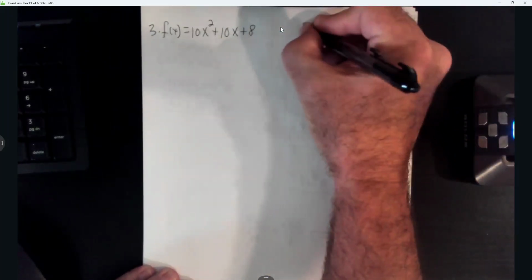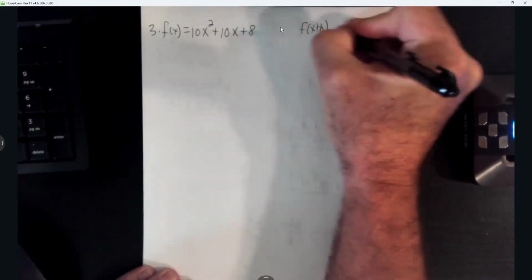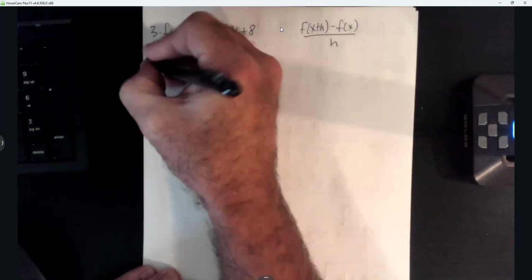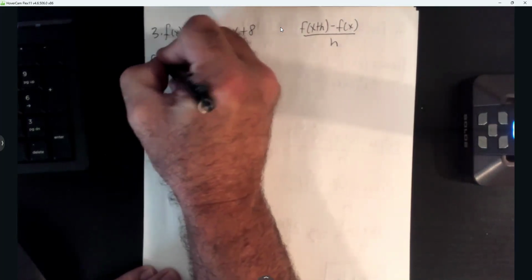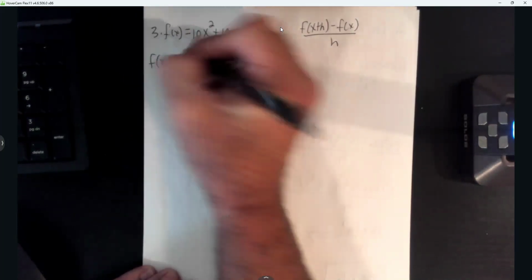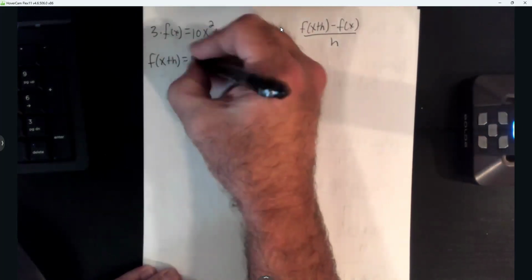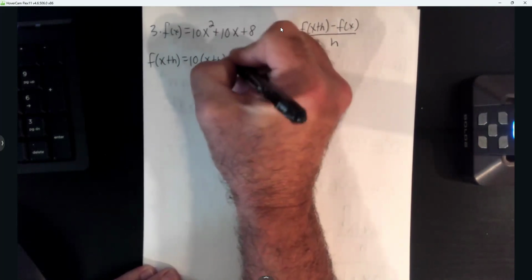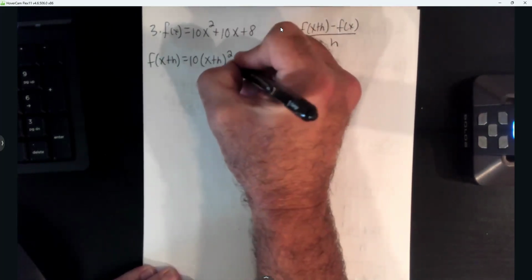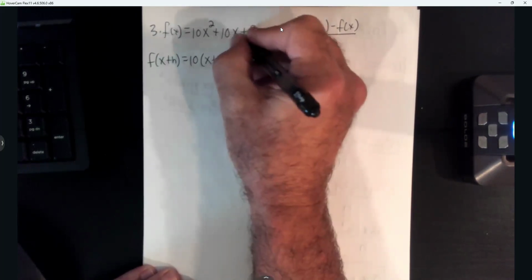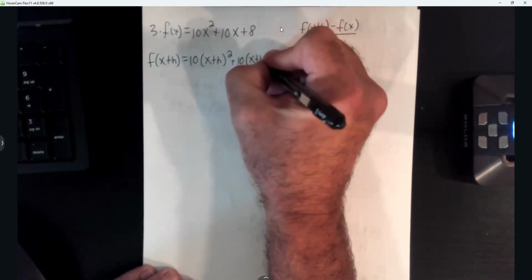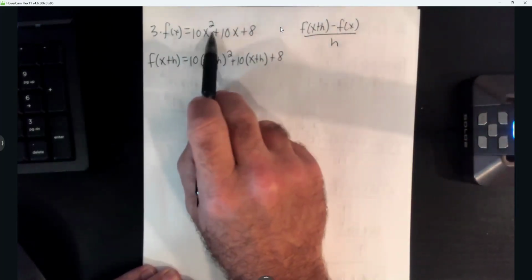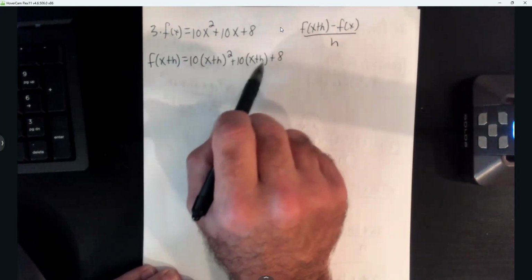So here's my formula again. So that means I got to find f of x plus h. So that's going to be 10 times x plus h squared, plus 10 times x plus h, and then plus 8. So everywhere there's an x, we got to put in our x plus h.